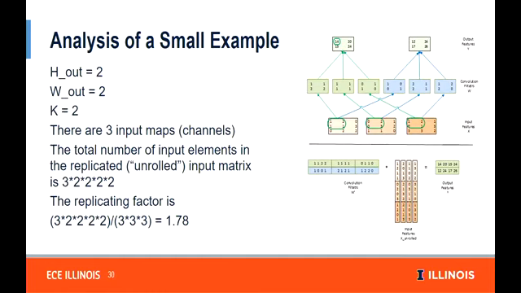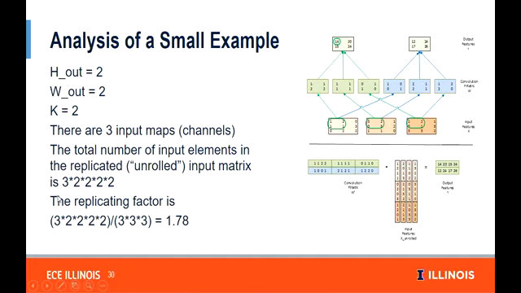So, for example, if I have a small case, H out is 2, K is 2, and there are 3 input feature maps or channels, then the total number of input elements in the replicated input feature map will be: the output feature map is 2 by 2, and the replication is K by K, so 2 by 2, and then there are 3 channels.